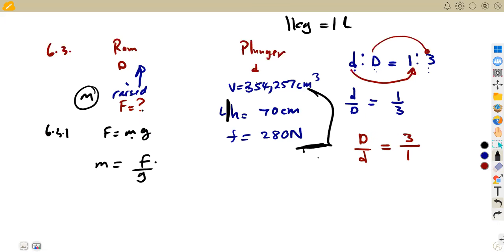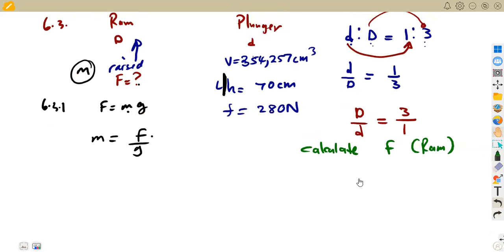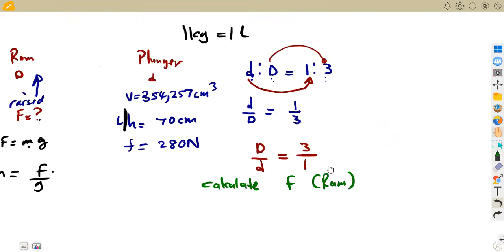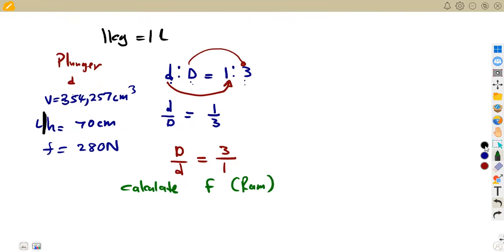No, this is wrong. We are supposed to calculate it from the force on the ram. So we are forced to calculate F, which is the force on the ram, just like what we did in the previous case where we calculated diameter. Remember, I said we can use the formula that relates these two: the force on the plunger over the diameter squared of the plunger is equal to the force on the ram over the diameter squared of the ram. This is our ram, this is our plunger.